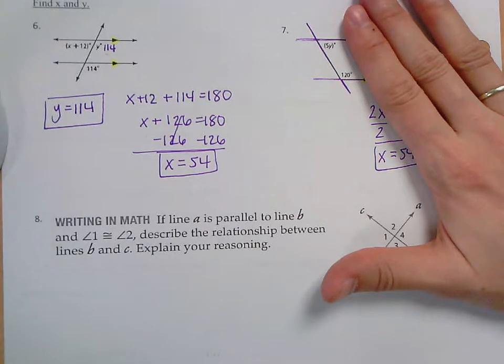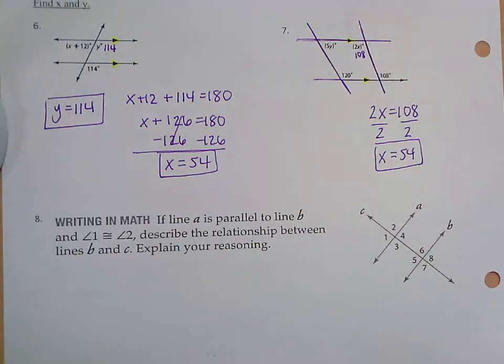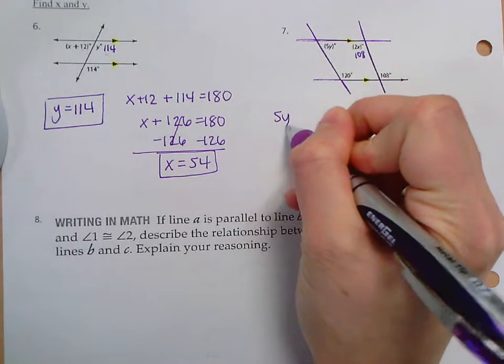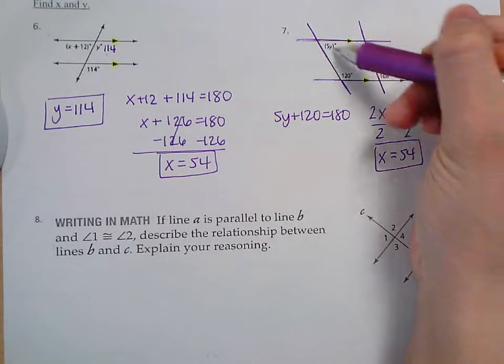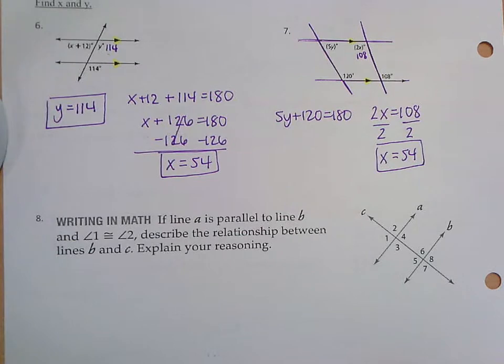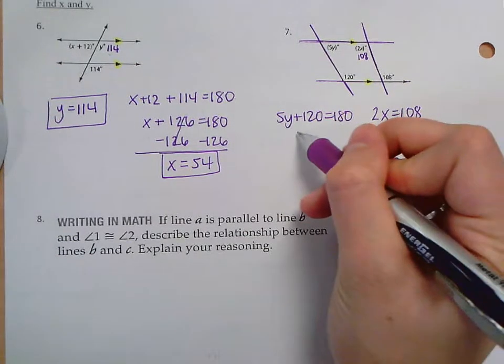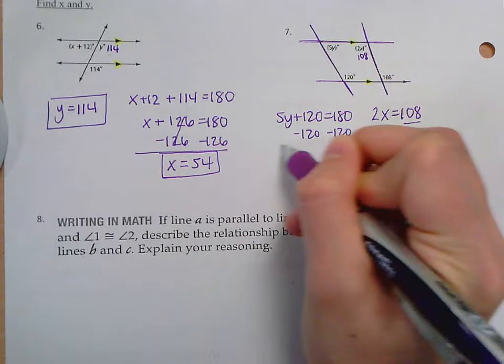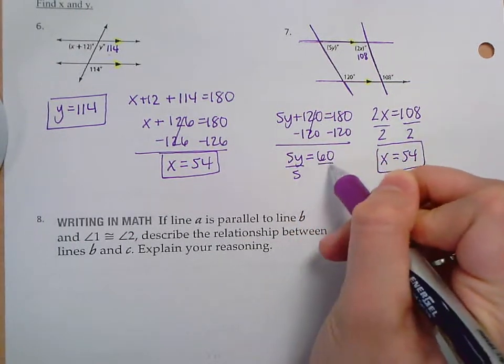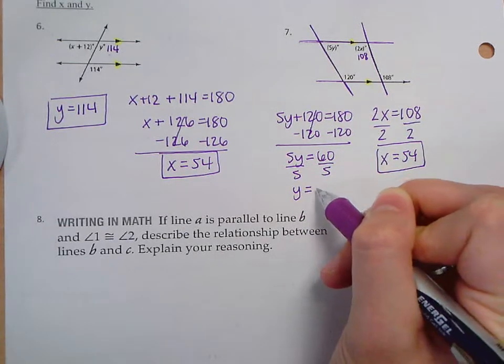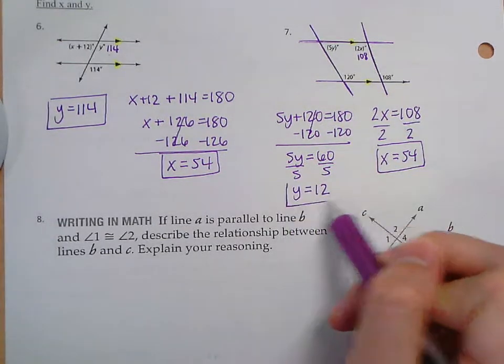So what does that mean? They're not congruent. They equal 180. They're supplementary. So 5y plus 120 should equal 180. These two together should equal 180. Okay, and then if I solve this, so if I subtract 120, so 5y equals 60, divide by 5, so y is 12. There's my y.